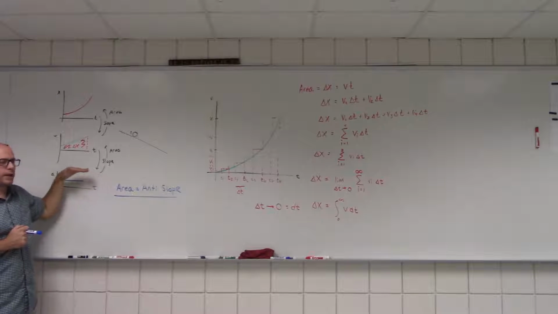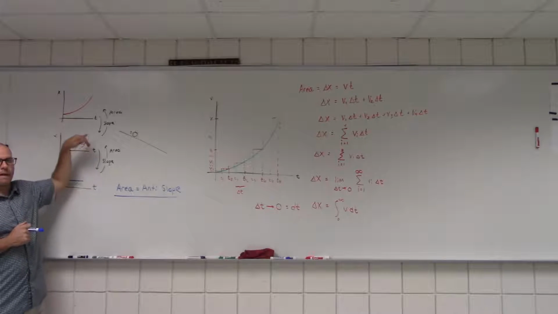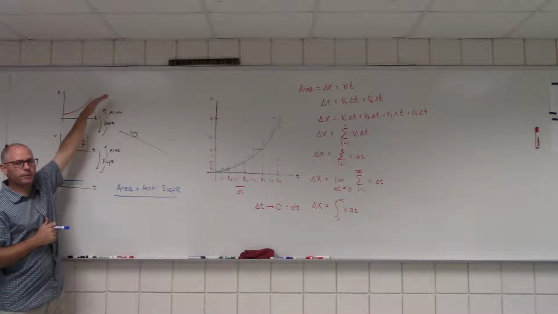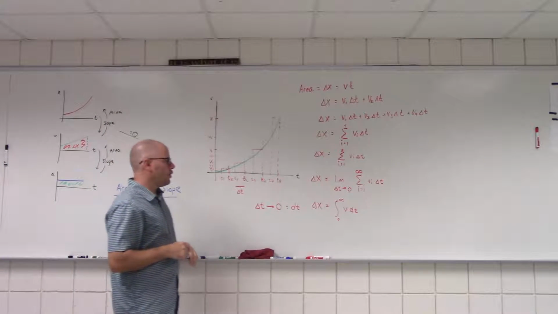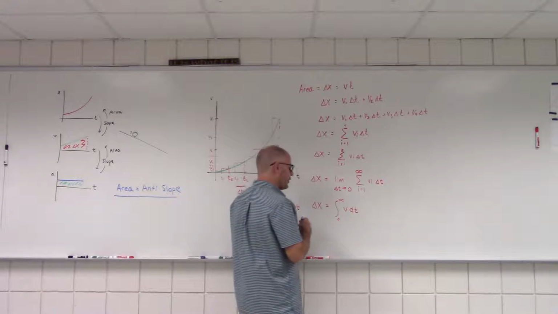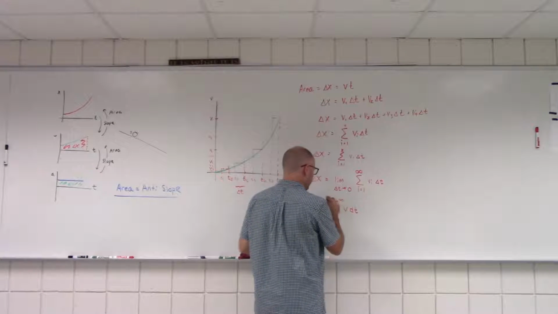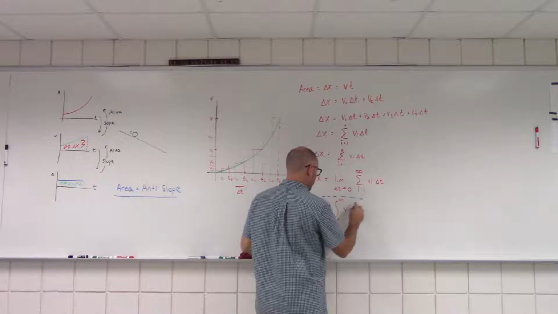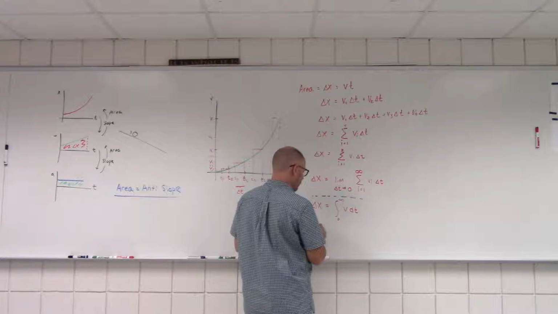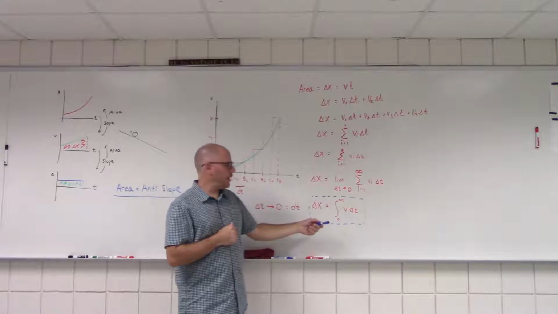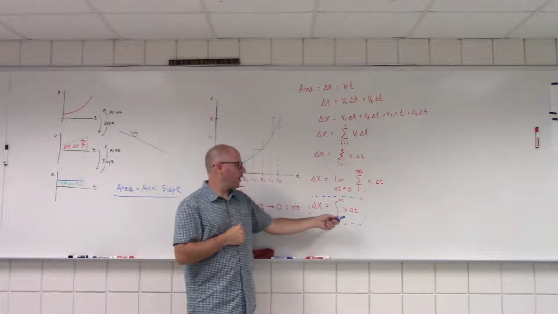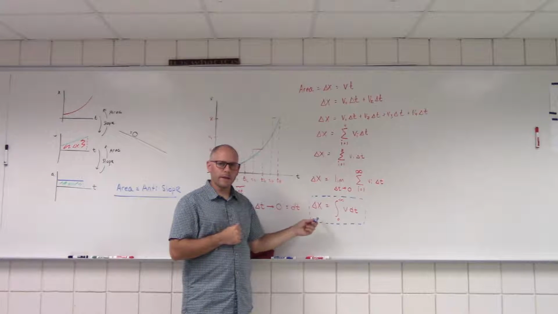The anti-slope then takes you from acceleration back up to the change in velocity, back up to the change in position. It's the anti-slope. So when you see this notation, this thing here means take the anti-slope of this function to get the change in velocity.